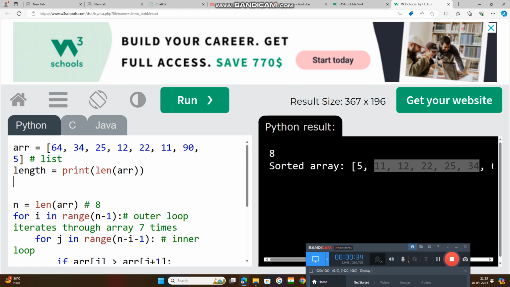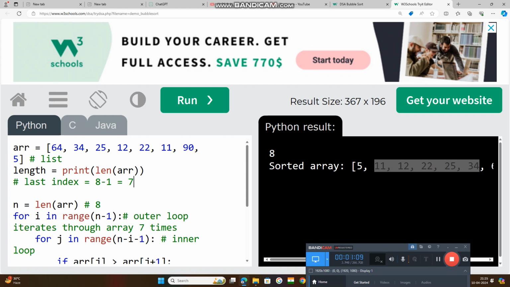Comment here: last index is equal to 8 minus 1, and 8 minus 1 is equal to 7. So last index 7 means from 0 to last index 7. At last index 7, the value is 5.